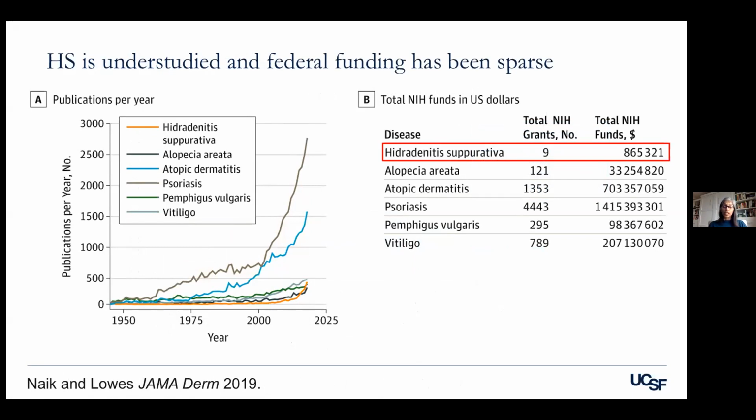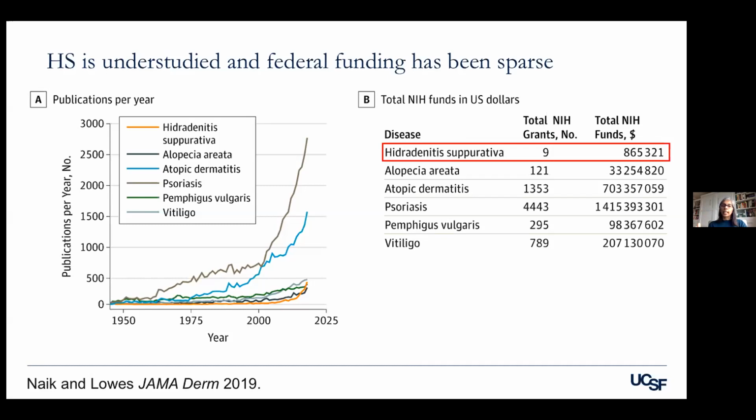And we've seen more than 50% of cumulative publications in the HS space occur over the last 3 years. But you can see that we still have a lot of work to do and a lot of catching up to do to better understand HS.